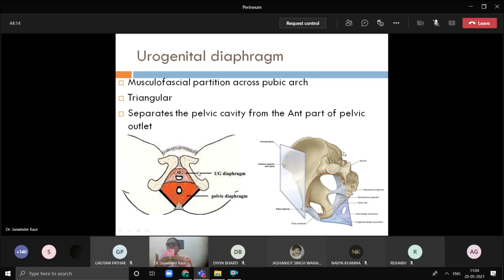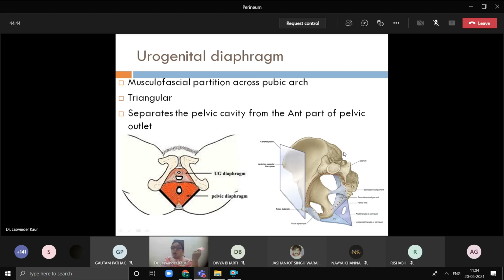Now this urogenital diaphragm is present in relation with the pelvic outlet, right? So this hole is the pelvic outlet. Now this pelvic outlet is divided into anterior and posterior parts. The urogenital diaphragm separates the pelvic cavity from the anterior part of the pelvic outlet.